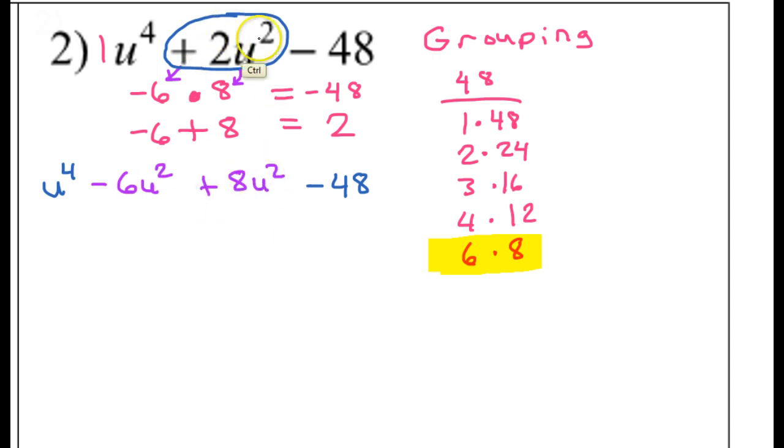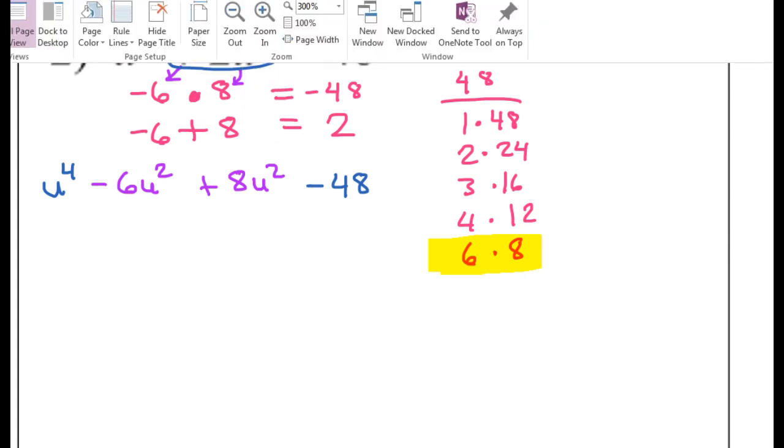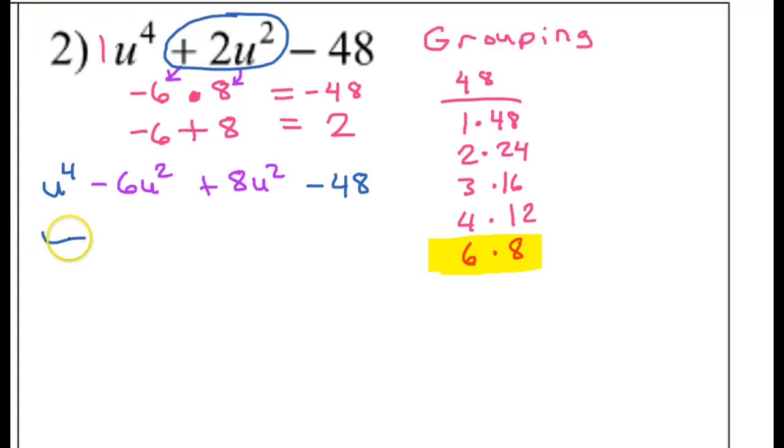All right, I'm just splitting up the middle term. So now I need to find the GCF of the first pair and the GCF of the second pair. The GCF of the first pair is going to be u squared. Okay, and the GCF of the second pair is going to be 8.